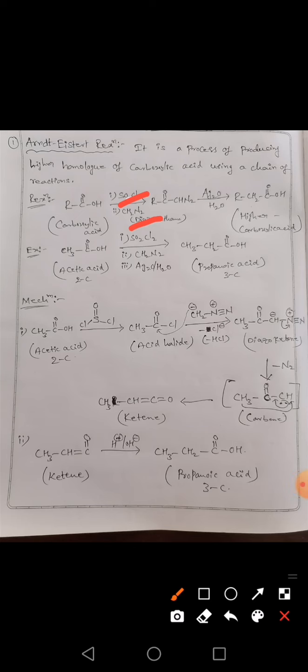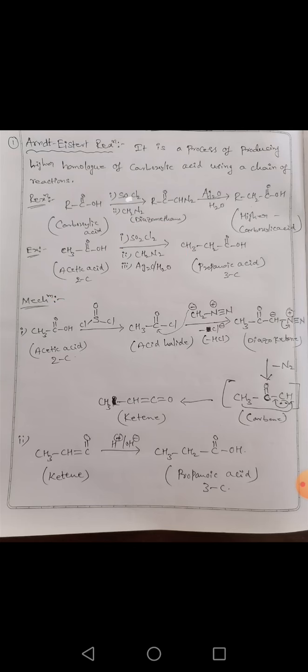This diazoketone further reacts with water in the presence of Ag2O to produce the higher carboxylic acid. For this I took one example: acetic acid, which has 2 carbons, reacts with 3 different reagents, meaning 3 reactions, which convert it to propanoic acid, which has 3 carbons.